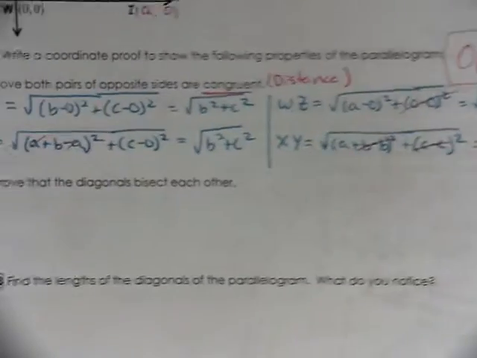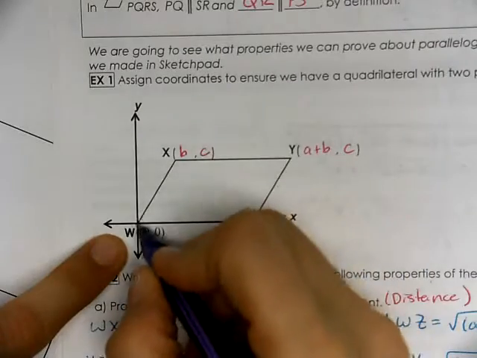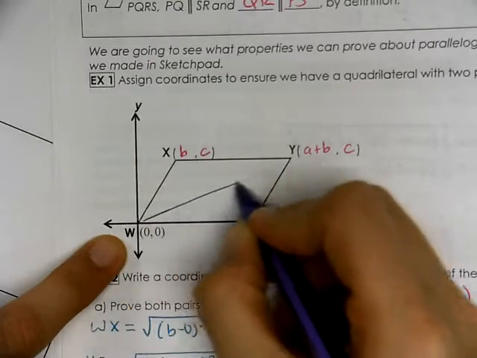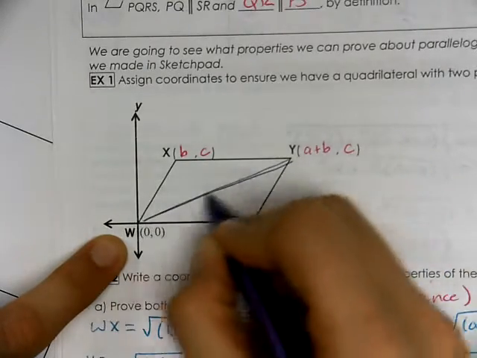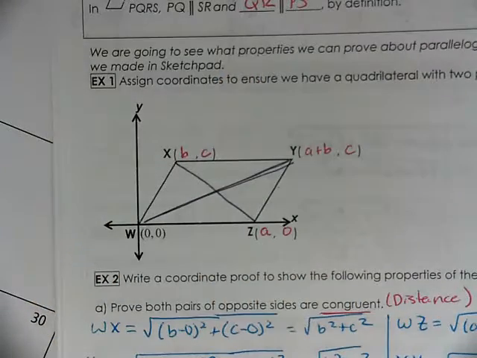Okay. B says prove the diagonals bisect each other. So if I'm looking at the diagonals up here, W to Y, X to Z, we want to prove they bisect each other. What does it mean to bisect?